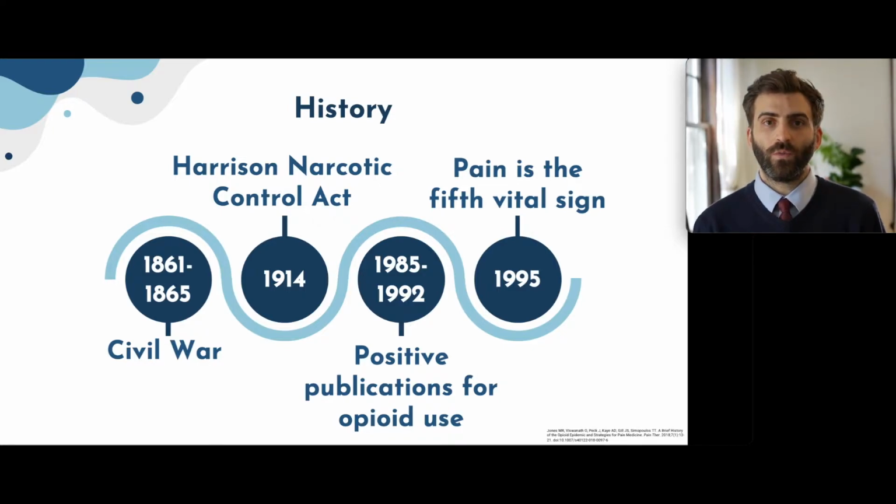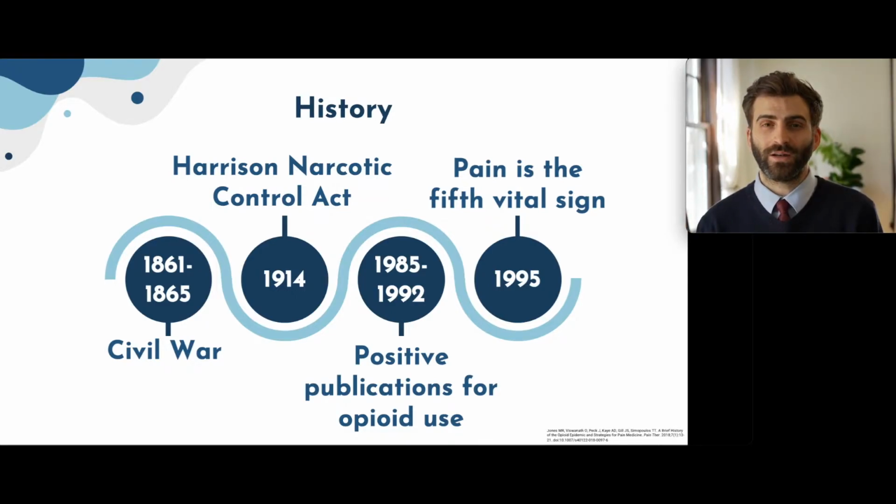Though opioids were used for thousands of years, the first component of the opioid epidemic seems to be related to the Civil War. For example, during this time, Union soldiers were issued over 10 million opium pills. Additionally, the hypodermic syringe was invented during this time, so people could inject the medication right into their bloodstream and get a lot of that euphoria, a lot of those highs, and those effects from opioids.